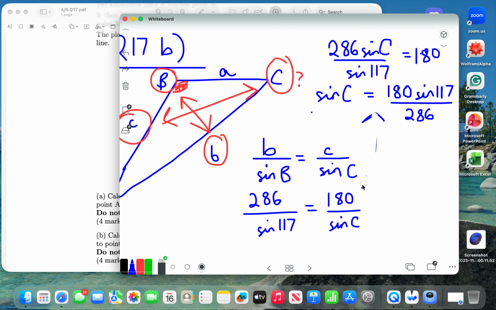And then we're going to put this into the calculator and be very vigilant that you use degrees and not radians. So you're going to put this in and you're going to get a value for the sine of C. It won't directly give you the value of the angle C. You'll then have to figure that out.